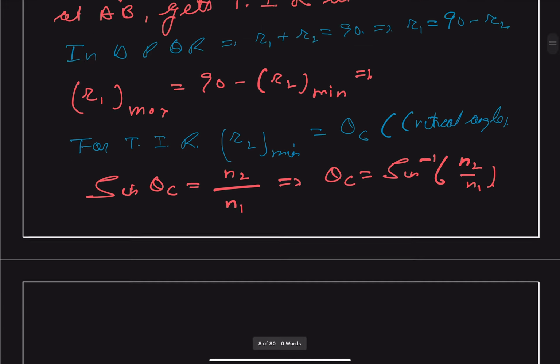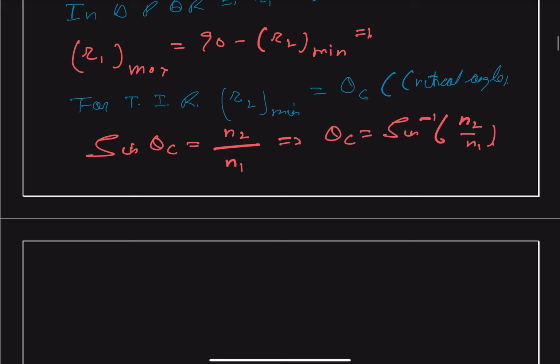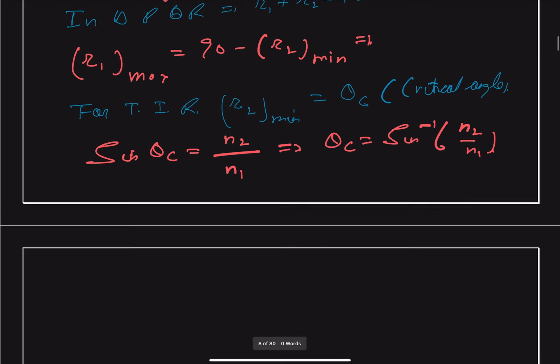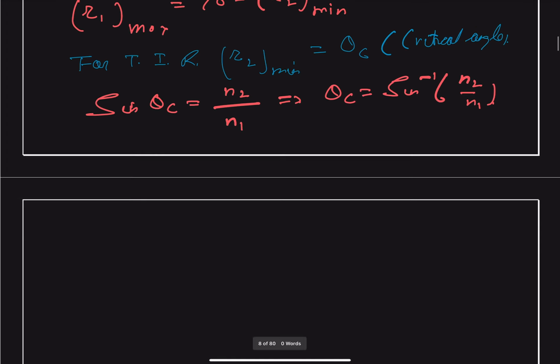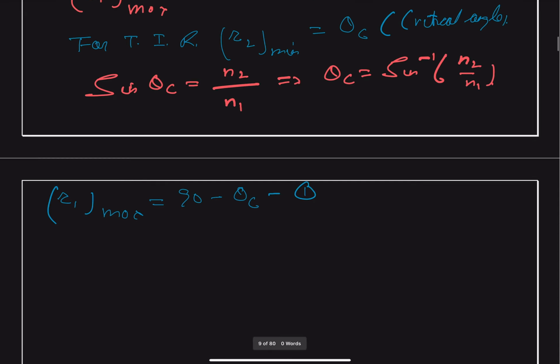We already know that R1 max is equal to 90 minus R2 minimum. So we can easily substitute it, and we can write that R1 max is equal to 90 minus theta c. Let me write this as equation 1.